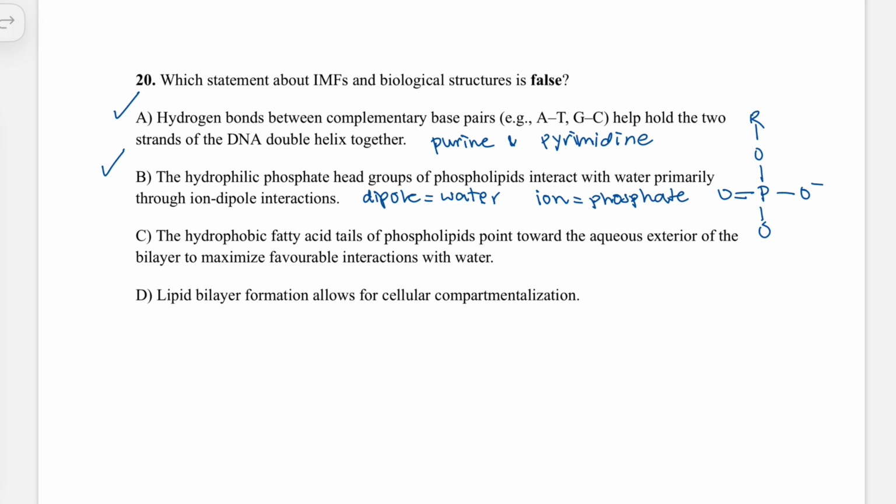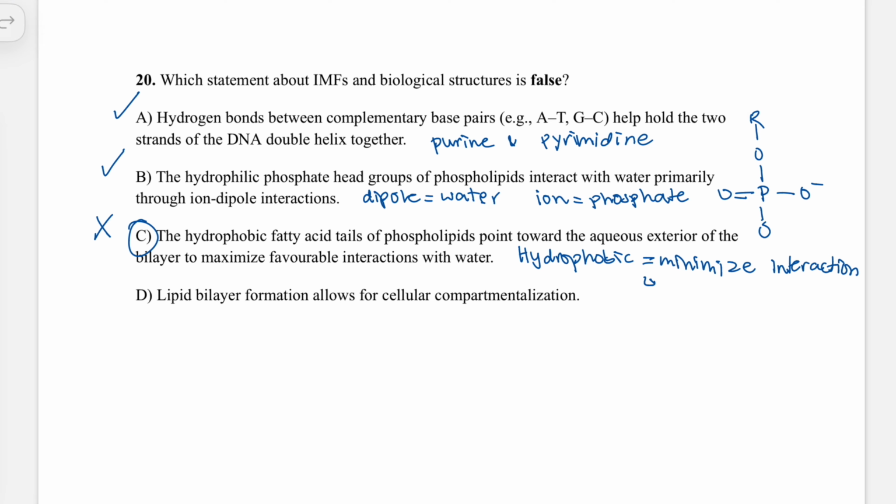C. The hydrophobic fatty acid tails of phospholipids point toward the aqueous exterior of the bilayer to minimize favorable interactions with water. This is not true, and it's the false answer. Because hydrophobic means water hating, so it wants to minimize the interactions with water.